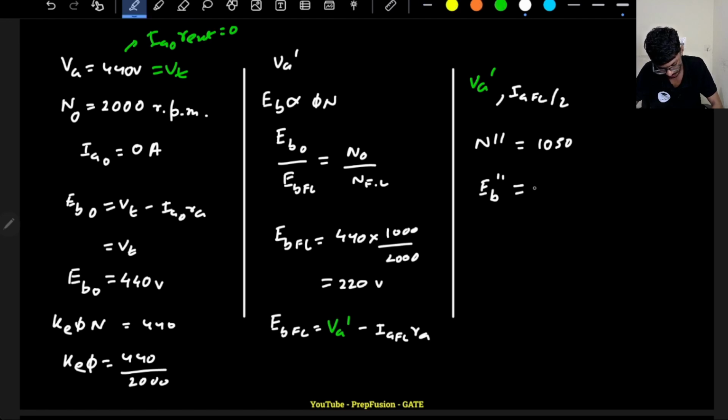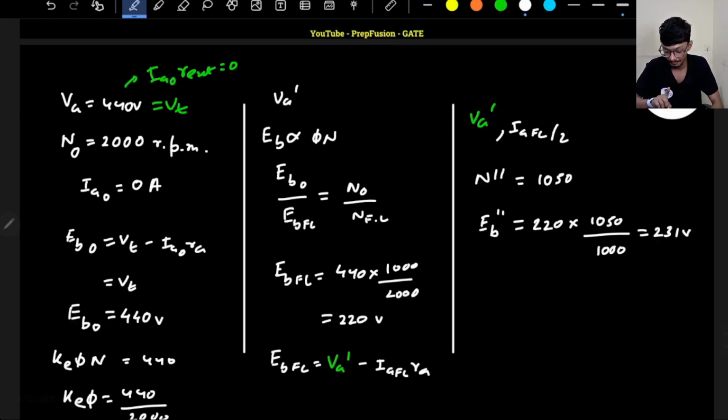EB double dash will be simply, again the same thing, right? Previously it was 220 into the new speed upon the old speed. It is proportional to the speed, right? So this will be 231. So EB double dash is 231.